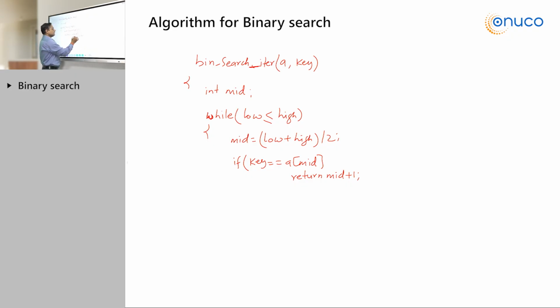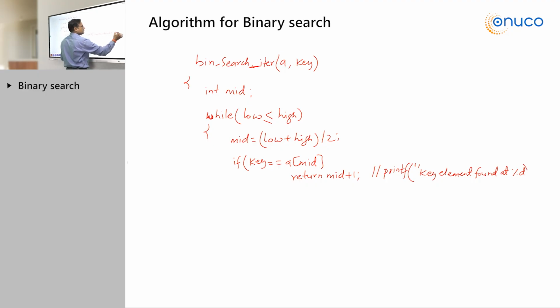You can write printf key element found at %d position. And what is %d? %d is mid plus 1. So like this also you can write it. Key element is found at %d, that is, the position mid plus 1.